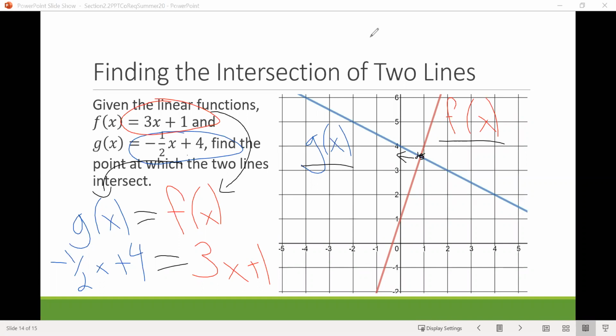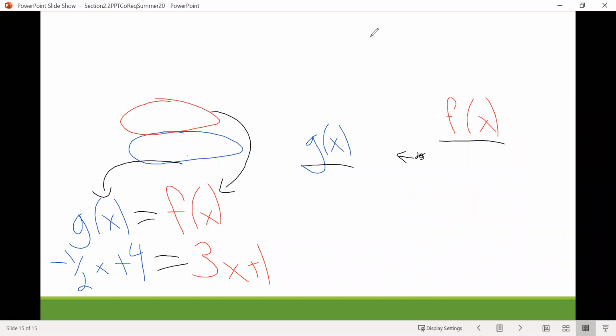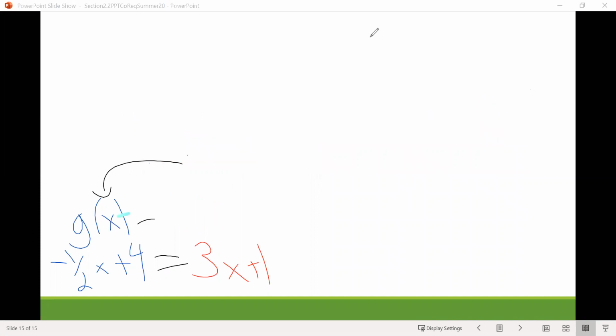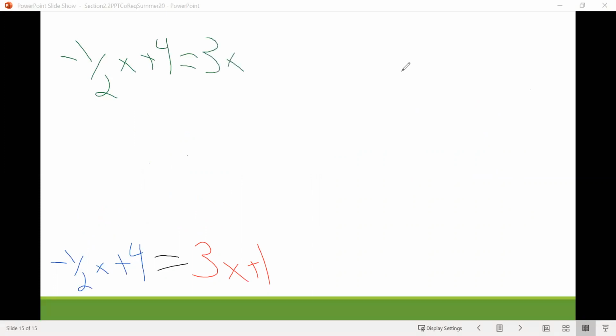So I'm actually going to go to another slide. I have a little bit more space to work here. I'm going to write our equation up here in the corner: negative 1/2 x plus 4 equals 3x plus 1.